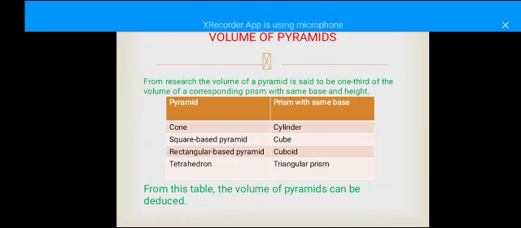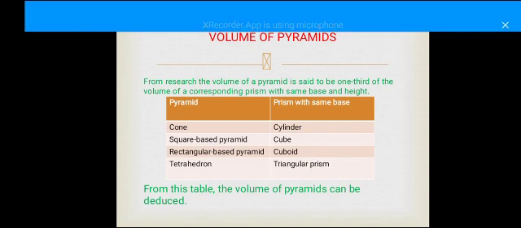Okay, so quickly let's look at the volumes of pyramids. Now, in the last class, I gave us a simple approach to remembering the formula for calculating the volume of prisms. So I want to do something similar in this class. Now, how do we easily remember the volume of pyramids? Take note of this.